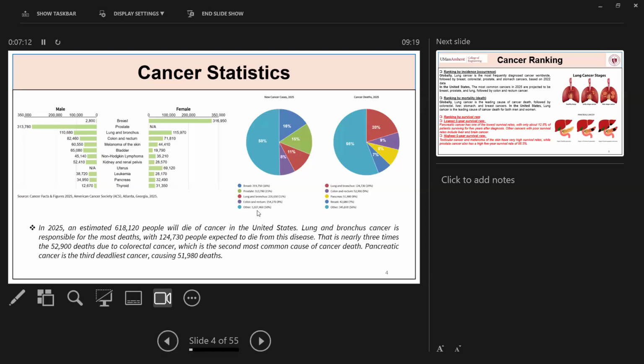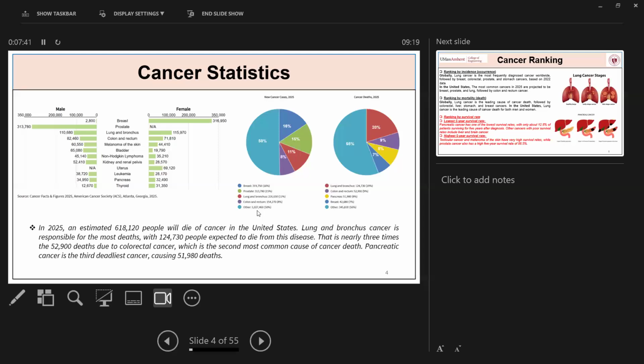Lung cancer and bronchus cancer, bronchus being an air passage to the lungs, are responsible for most deaths. So lung cancer is the number one deadliest cancer, followed by colorectal cancer, which is the second most common cause of cancer death, and then pancreatic cancer is the third deadliest cancer, causing around 52,000 deaths.